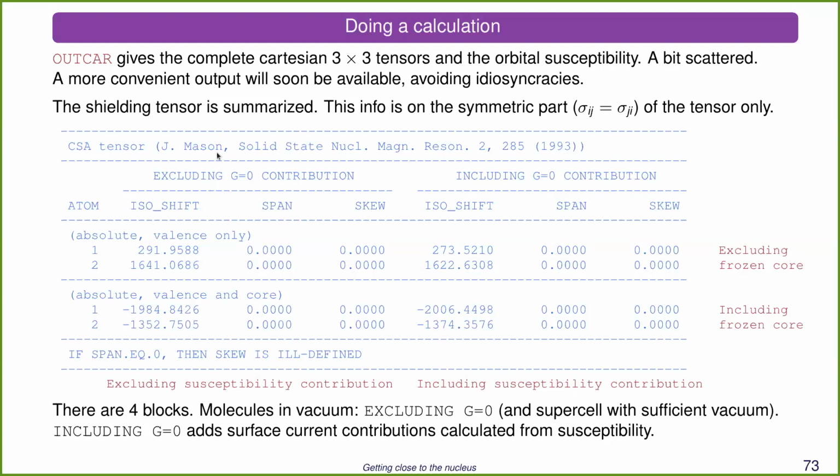So excluding a G equals 0 contribution is you don't take care of the macroscopic surface currents that flow over the surface of your crystal. Including it, you do take care of the macroscopic surface currents flowing over the surface of your crystal, and these are typically small effects, a few ppms. But this is important for crystals.